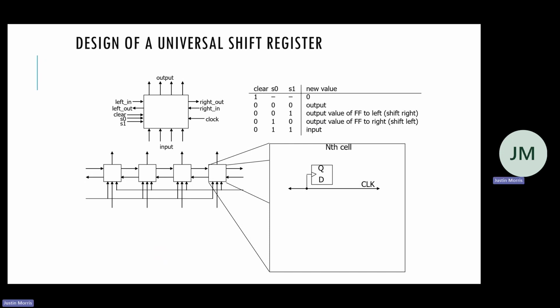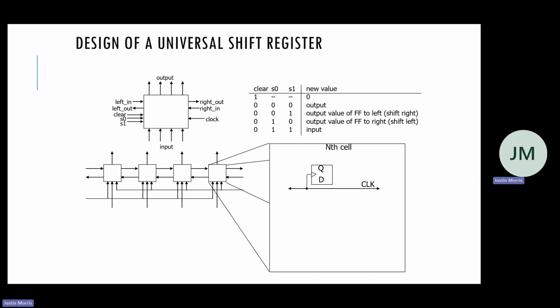But here we can see if clear is 1, I'm going to change what's stored in my register to 0. If clear is 0 and my S0, S1 is 0, then I'm going to just keep what my previous output was. I'm not going to shift.